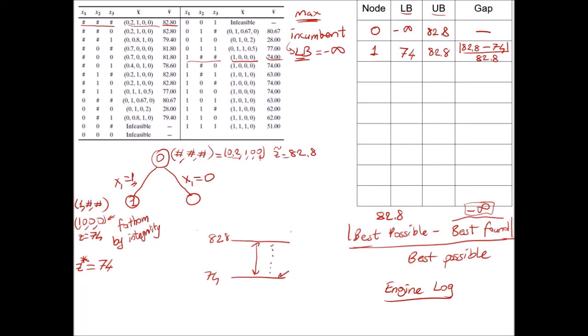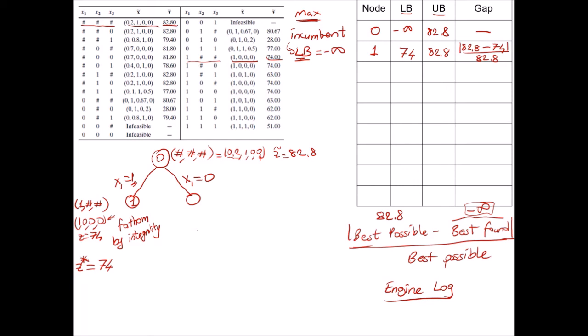It can be any point in between. So the maximum distance of your current solution from the best possible value is this much. So you are far away from the optimal solution in the worst case by this percentage. Gap is a percentage, okay? And we are far away from the best possible by this percentage in the worst case. The gap means this.